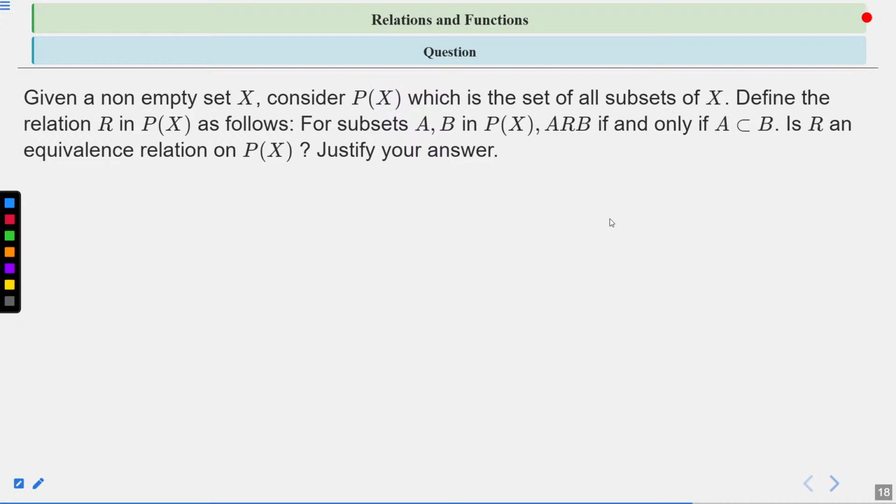We have to justify our answer. So we have to consider the set Px, which is the set of all the subsets of X. Got it?